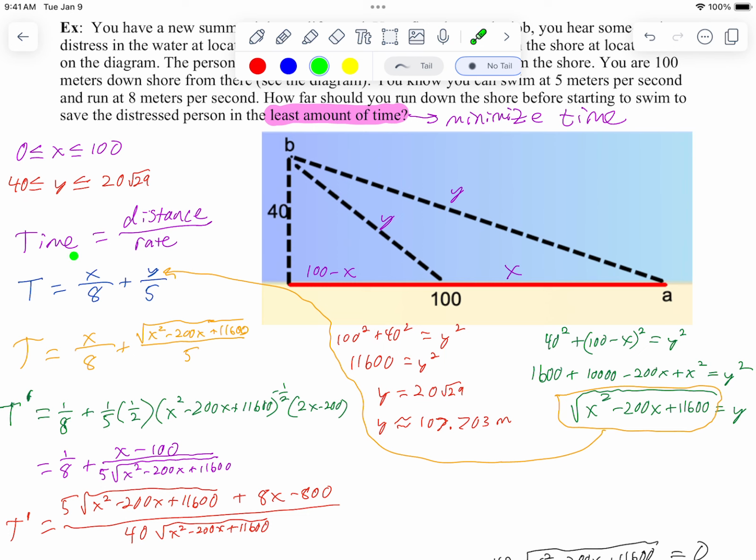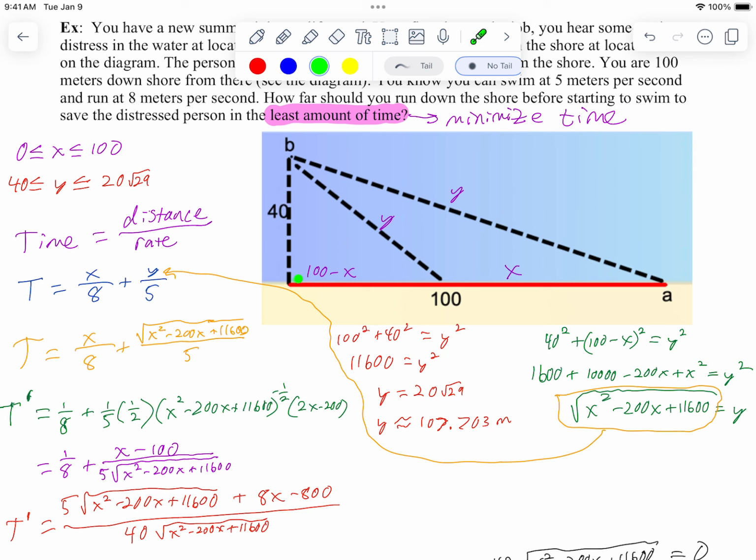We already talked about the equation I want is time equals distance over rate. So my total time is going to be x over 8, because x is the distance I'm running on the shore. 8 is how fast I can run, 8 meters per second, plus the distance I'm going to swim over the rate at which I'm going to swim. Now, I need to come up with a relationship between x and y, because I don't want to have two independent variables.